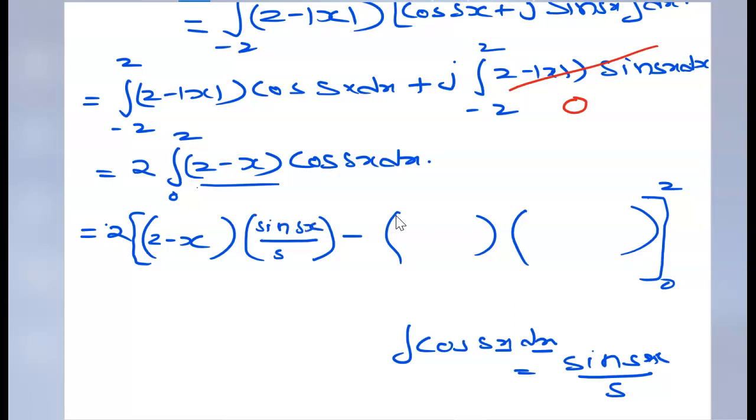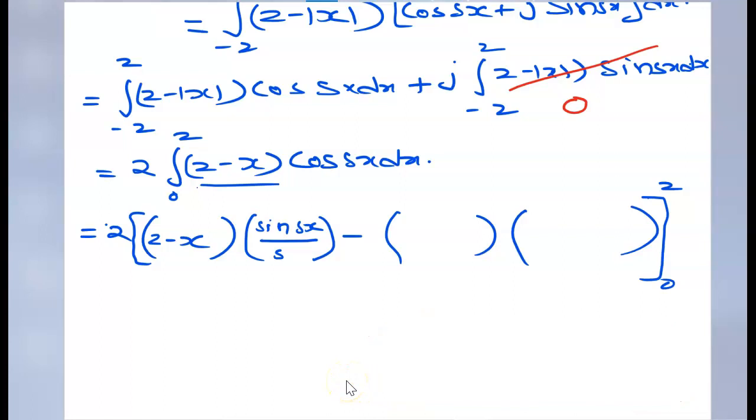Am I clear? So now what you can do here is, you can forget the rest of this integral. Whatever is remaining, this only you can concentrate on. What is remaining? The first bracket differentiation, second bracket integration. This is the procedure.